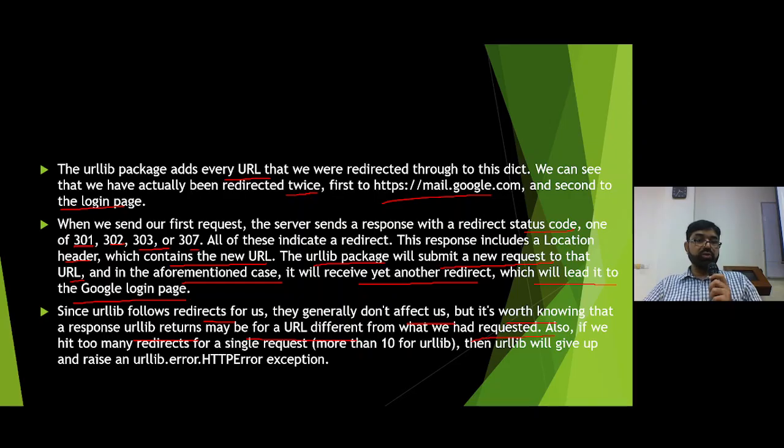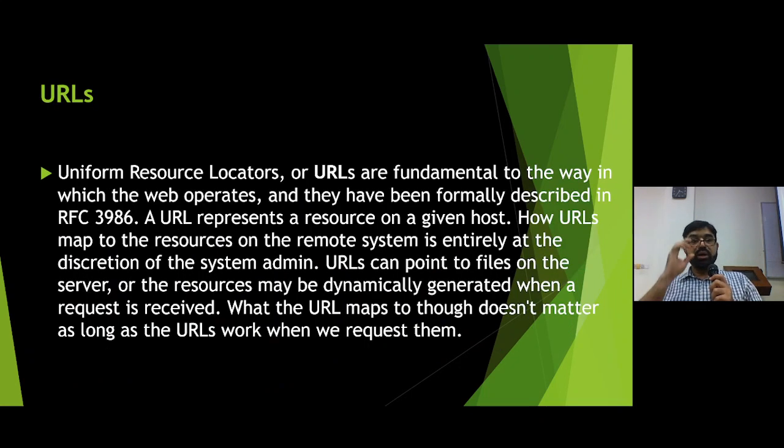Also, if we hit too many redirects on a single request, more than 10 for urllib, then urllib will give up and raise a urllib error, an HTTP exception. If it's redirected 10 times for the same URL, it will not follow all the redirects and it will give up.